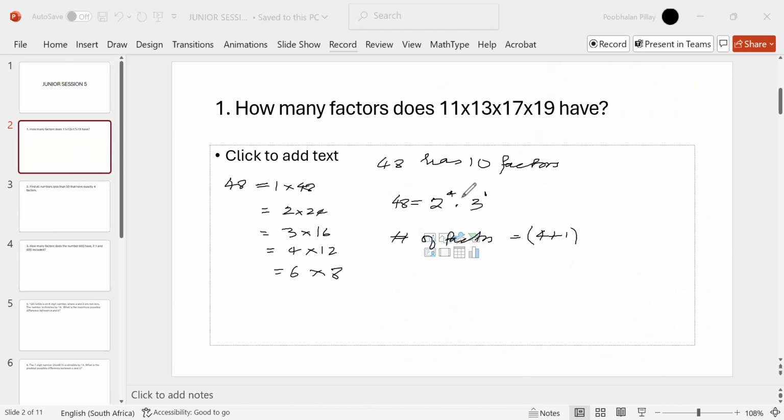So increase 4 by 1 and multiply it by the same thing for the next prime. Here the exponent is 1, so 1 plus 1. So it's 5 times 2, and as we saw, it's 10. So there are 10 factors.